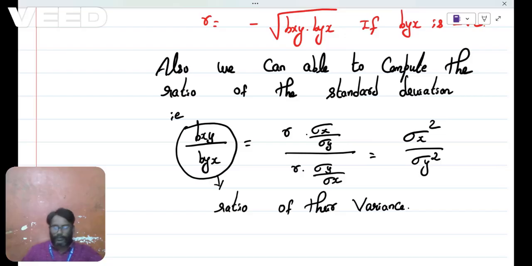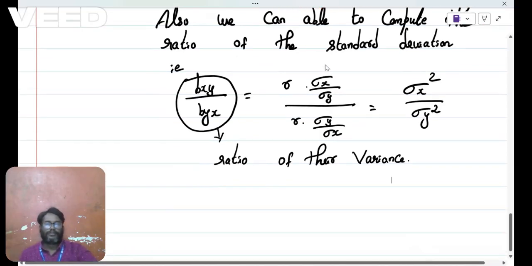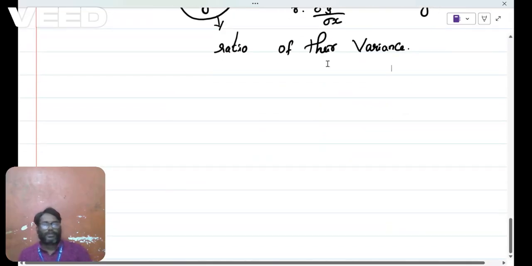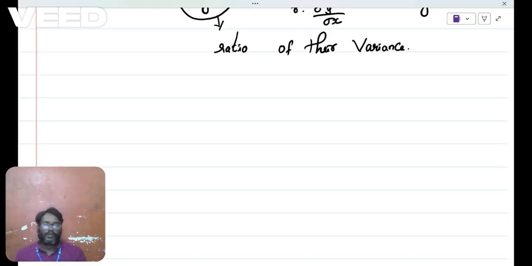Now I'll explain this concept with an example as follows. Take down the example problem.